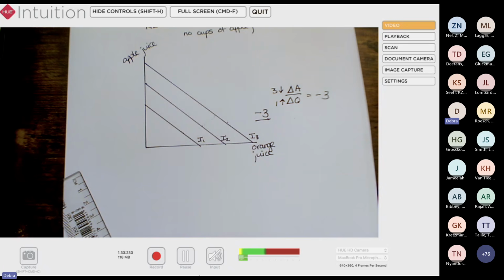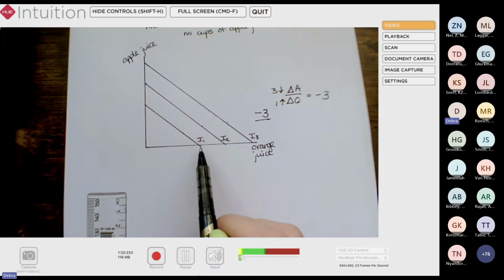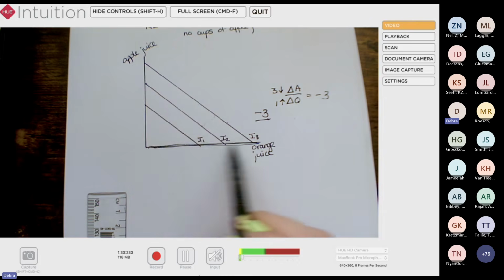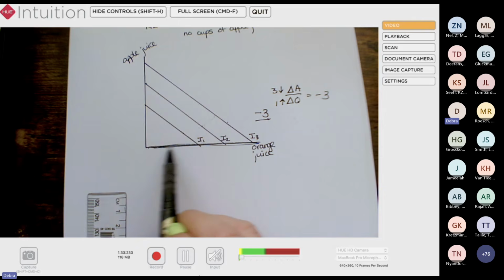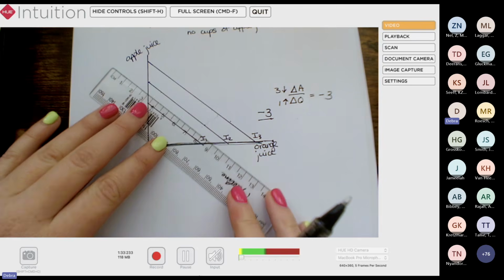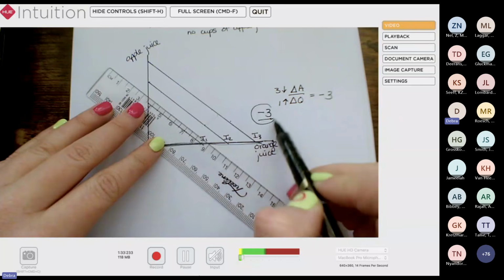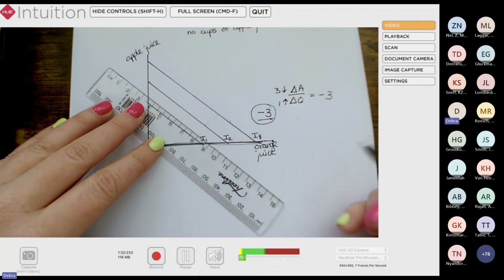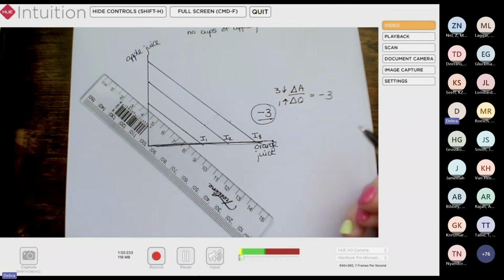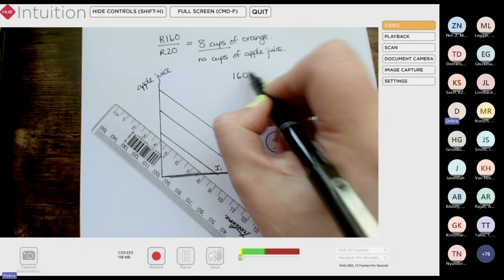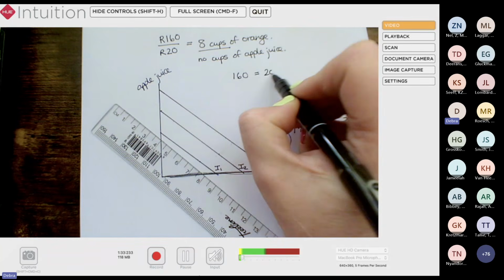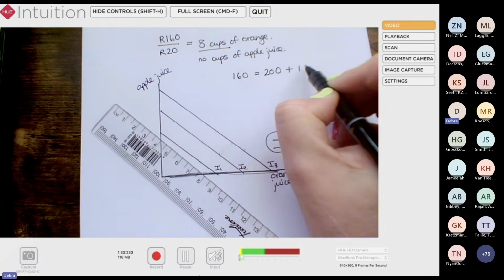What we have now found is that he's going to end up at a corner solution along his x-axis because his budget constraint is not as steep as these indifference curves. These indifference curves have a slope of -3, but his budget constraint is going to be 160 = 20O + 10A.